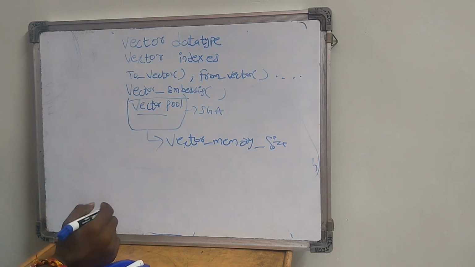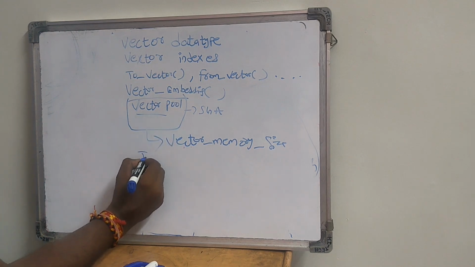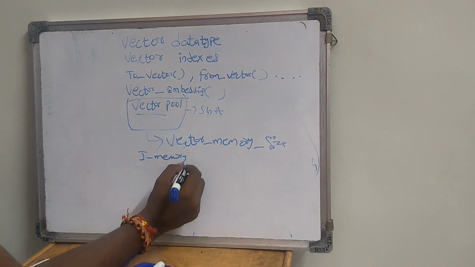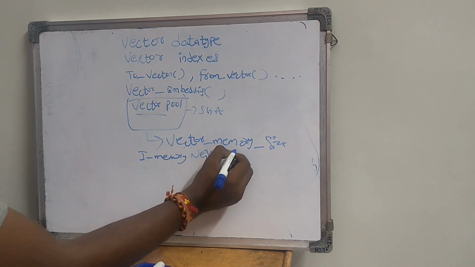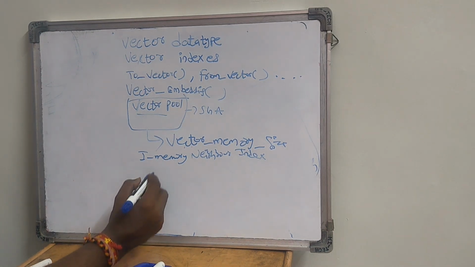With Oracle AI Vector Search, Oracle 23 introduced two different types of indexes: the in-memory neighbor graph index and the neighbor partition vector index.